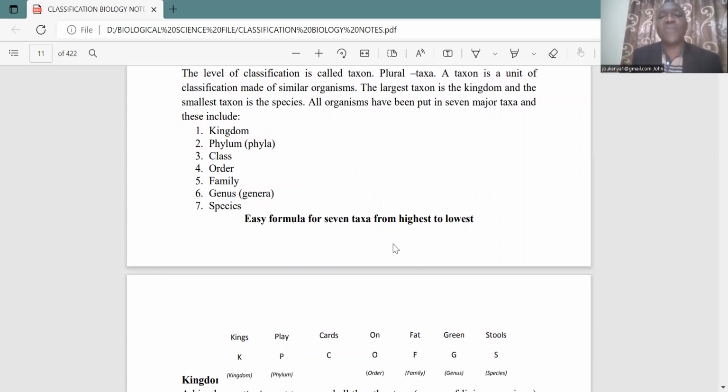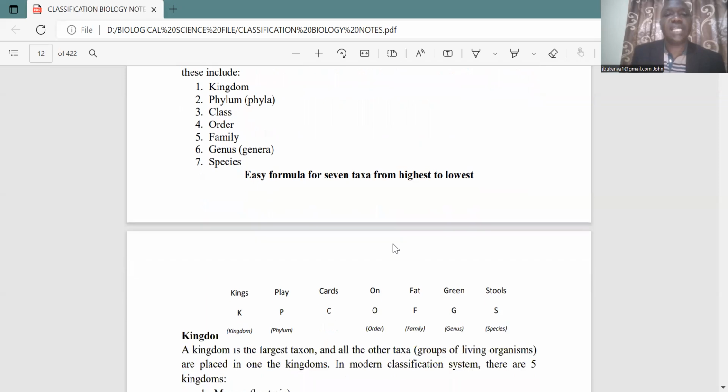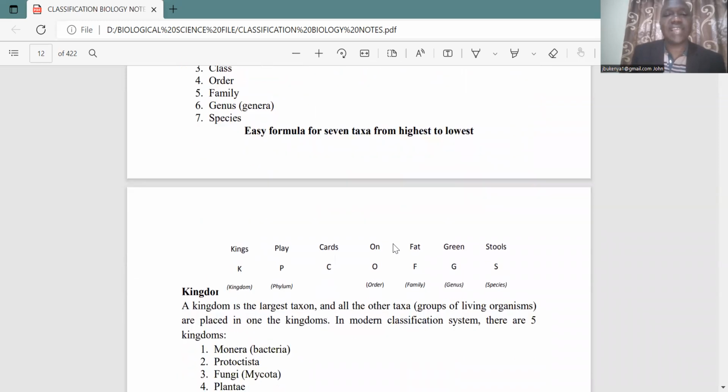They can mate with one another and freely interbreed to produce fertile offspring. So that is that. And please don't forget that order.